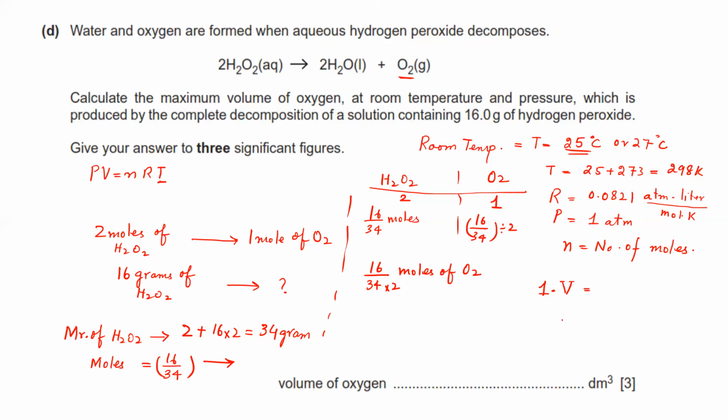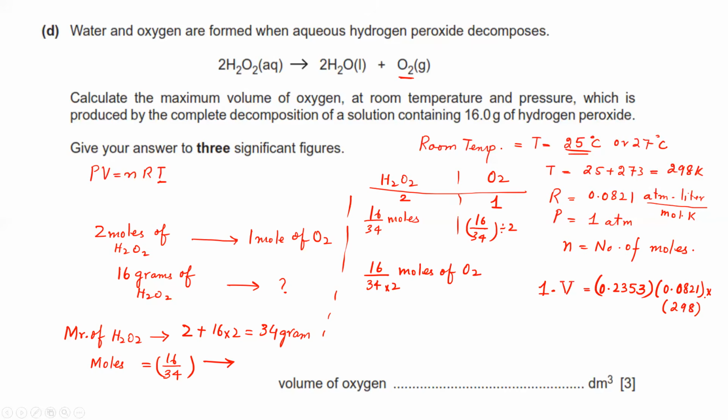So this comes out to be 0.2353 approximately number of moles, and R is 0.0821, multiplied by the temperature 298.